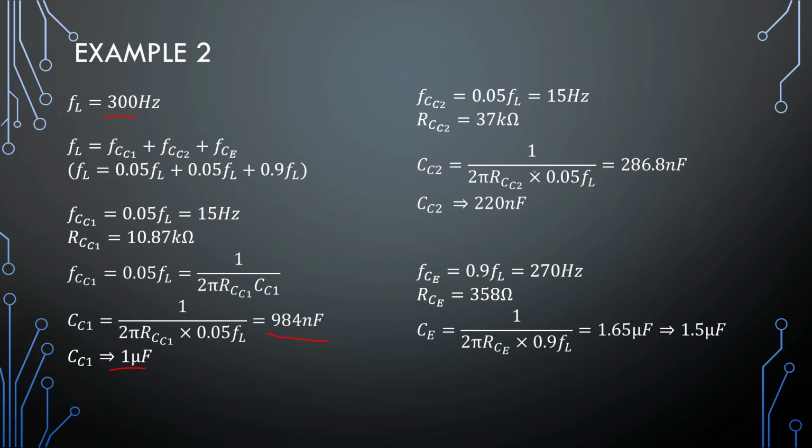For our output coupling, we got 286.8 nanofarads, and the closest large capacitor value is 220 nanofarads. Not 270, it's 220. Right. So this one is picked higher, this one is picked lower, that one is picked lower. Lastly, our 90% contribution gives us 1.65, so 1.5 microfarads.